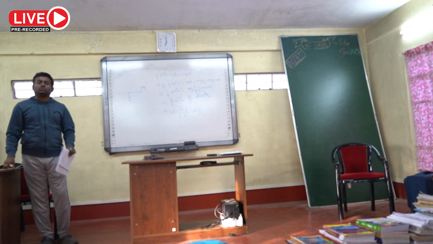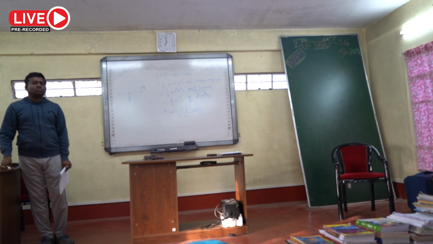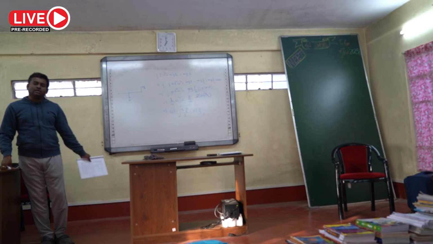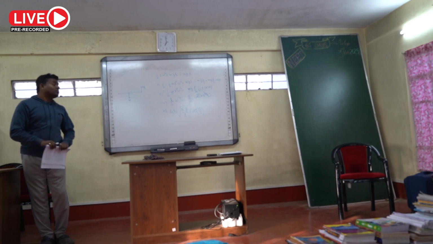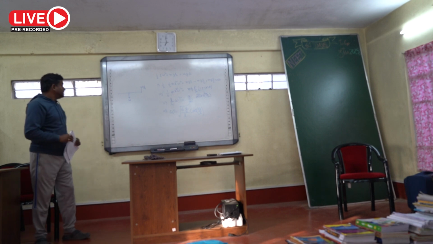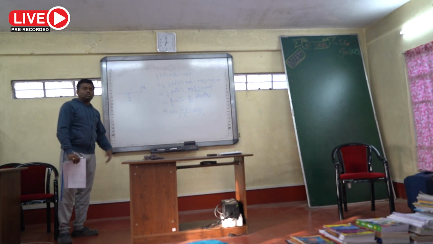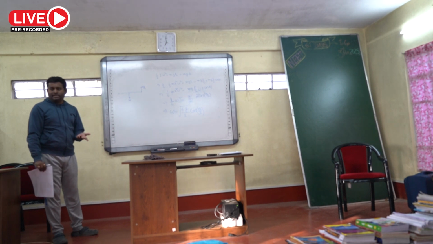Boy gets 1/4 load, means the normal reaction at this end by the boy will be 1/4 of the total load. Total load is W. So the normal reaction given by the boy will be W by 4. So he will feel W by 4 weight.